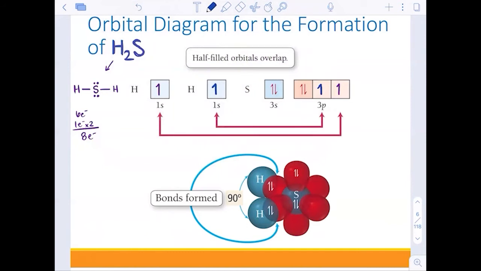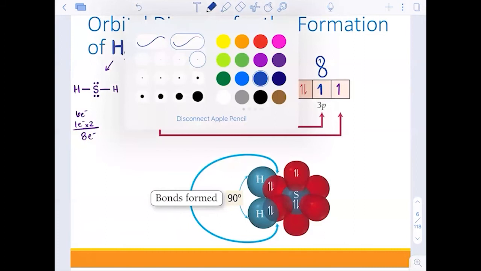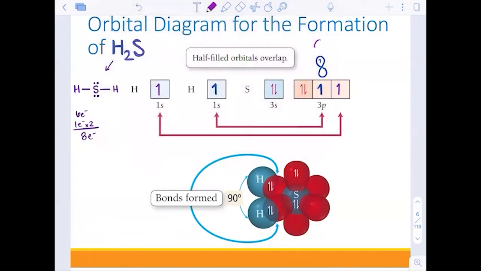Sulfur has 2 unpaired electrons in p orbitals. So what we can imagine with those p orbitals, there's the p orbital. It's got 1 electron in it. I'll just draw it on that top lobe. Hydrogen is going to come along with its 1s orbital and its 1 electron, and they're going to join together.